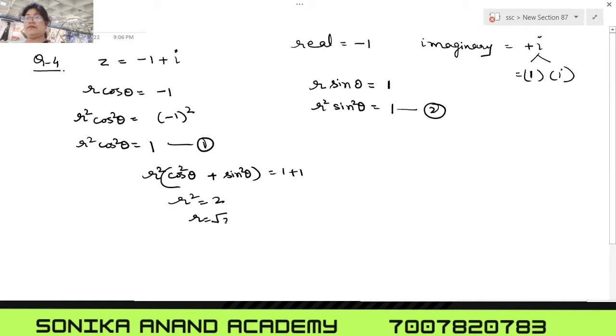Clear? Again we get the value of r under root 2. But the main problem is to find the angle. Very difficult.